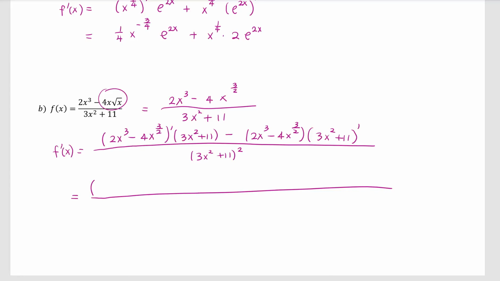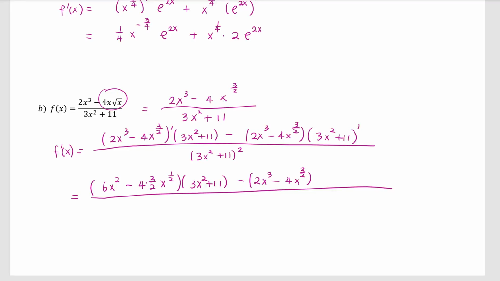The derivative of 2x cubed is 3 times 2, 6x squared. The derivative of 4x to the 3 half is 4 times 3 half, x to the 3 half minus 1, 1 half. Okay, so we continue.